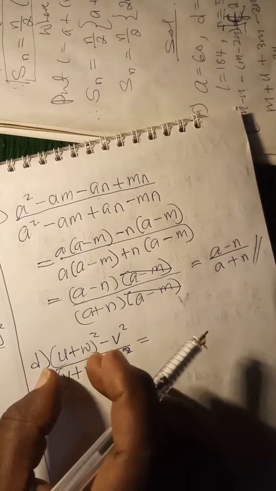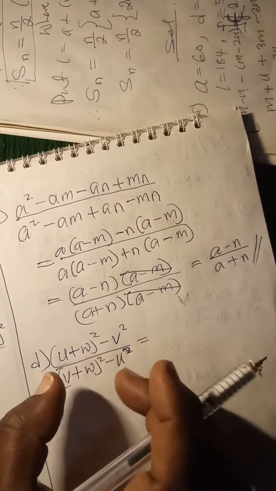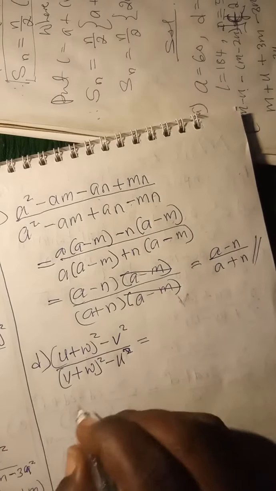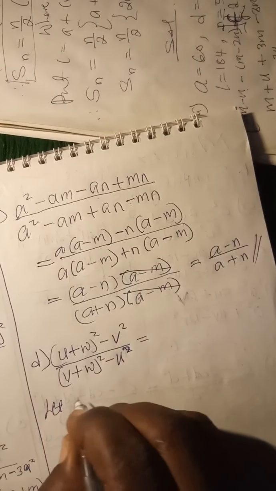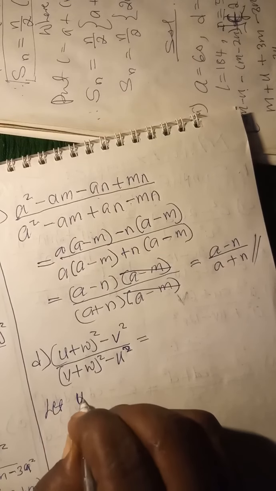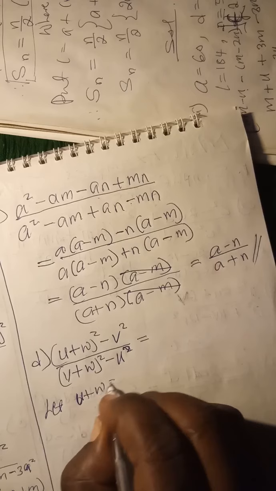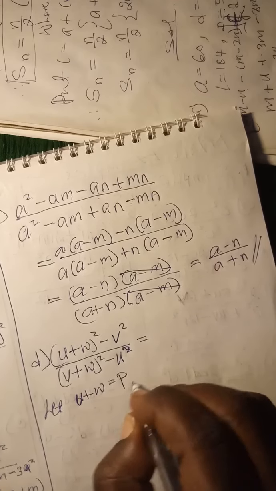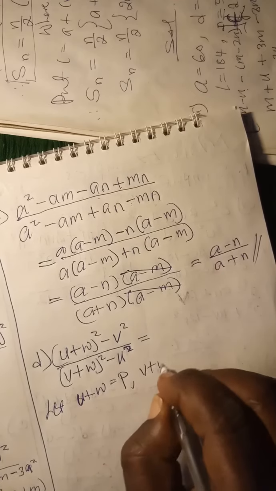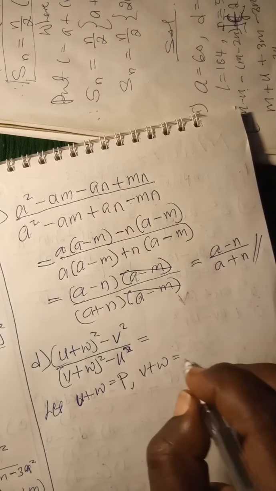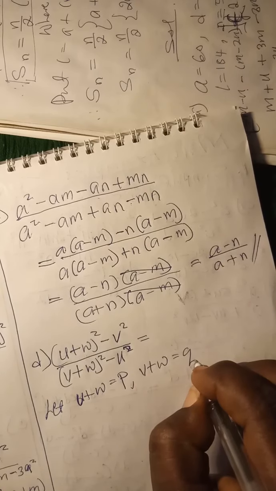So it's just like one term now, right? You're dealing with it like one term. So I can just say let u plus w be equal to p if I like, and then v plus w be equal to q, to make your work easy.